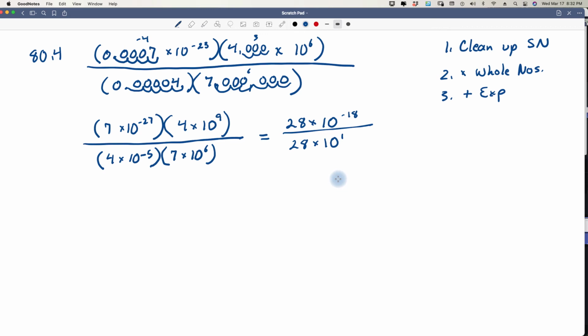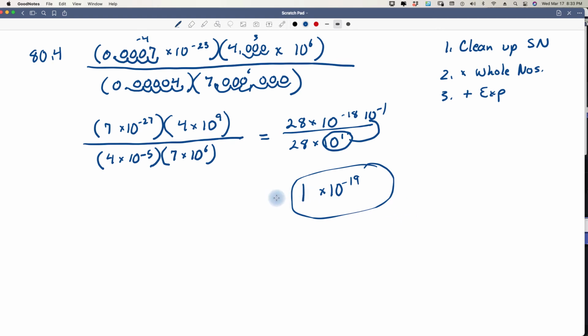I'm getting ahead of myself a little bit. 28 divided by 28 is 1 times 10. And we take this and we flip it up and it becomes 10 to the negative 1. And that's negative 19. So 1 times 10 to the negative 19 is the answer to all of that up there. Okay?